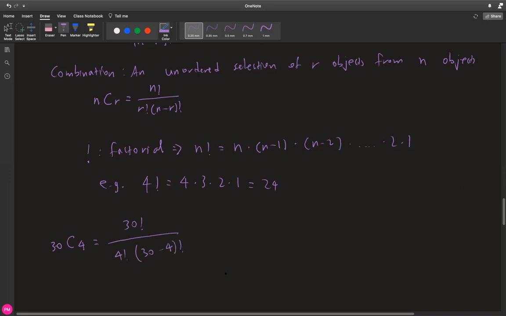And you would just have to plug this into the calculator. Oftentimes in the calculator, you should be able to use a function that's designated for the factorial or the combination or permutation. So you really shouldn't have to calculate all this by hand.